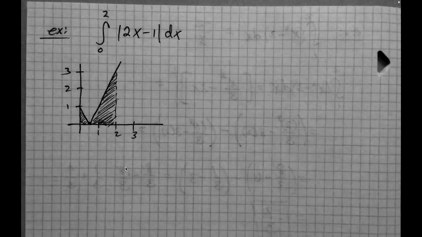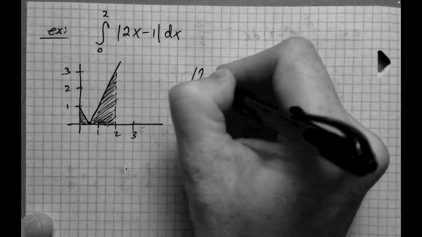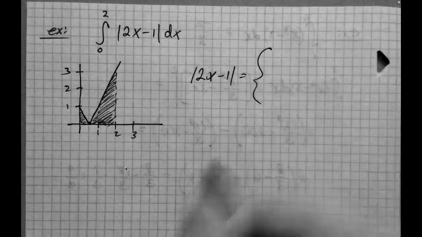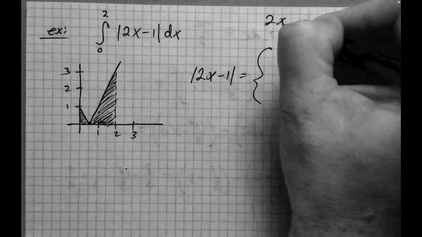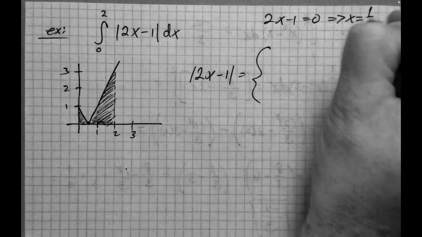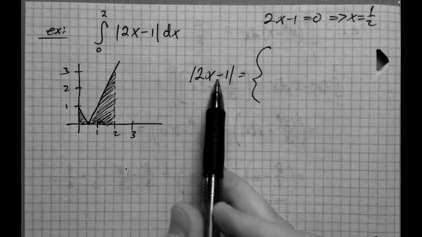So this is an example. Whenever you have these absolute value examples, it may be possible to break it up into two pieces that don't involve an absolute value, and that's what we're going to do here. So we're going to rewrite this function. Okay, and so if you take the time and you say 2x minus 1 equals 0, you can see that x equals 1/2, and so that's sort of where we have to be.